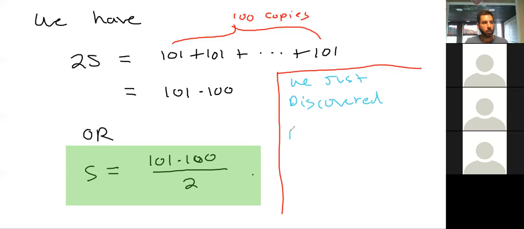We discovered that 1 plus 2 plus 3 all the way up to some number n is always equal to n plus 1 times n over 2. That's what we discovered. We just took something that had n terms in it to add up, and we showed that it can be computed by multiplying two things together and dividing by 2.